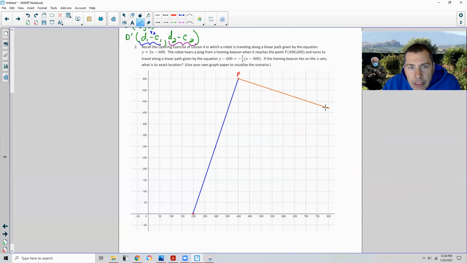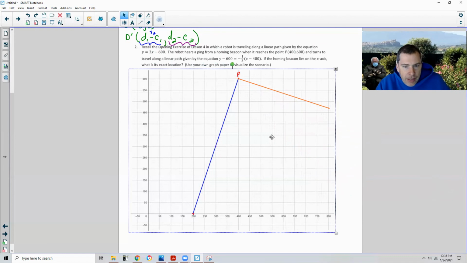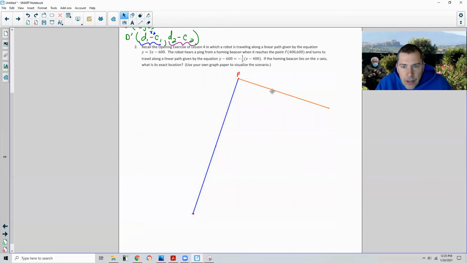Is it perpendicular? Does it say that? If the homing beacon lies on the x-axis, what is the exact location? Use your own graph paper to visualize this scenario. So it's somewhere on the x-axis way over here. Okay, so there's our visualization. Let's get that out of the way just for now.